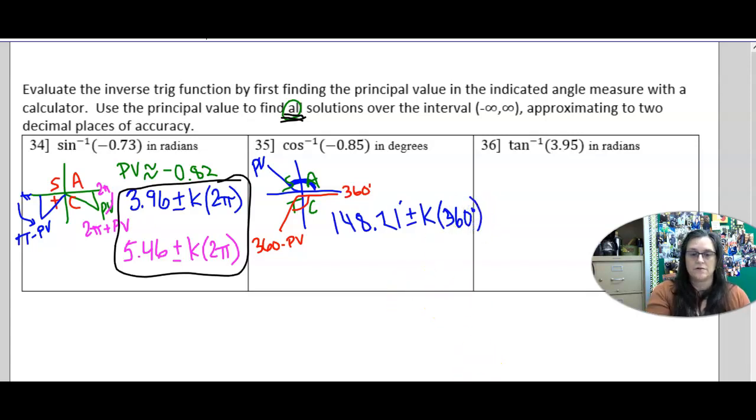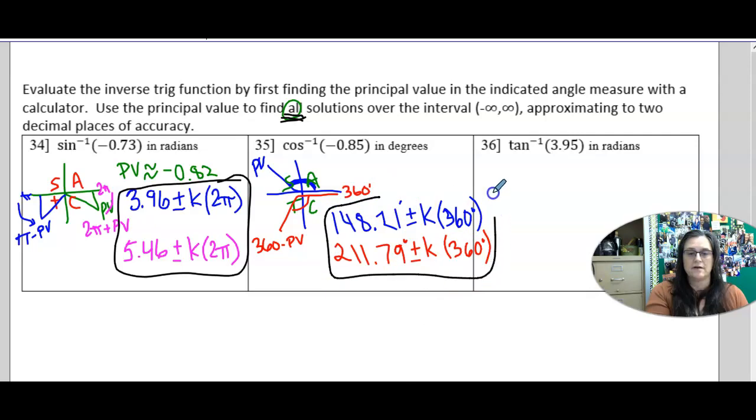And then our quadrant 3 solution was 211.79 degrees, plus or minus k times the period of cosine, which is 360 in degrees. So these two expressions together will represent all of the possible solutions in degrees over the interval negative infinity to infinity.